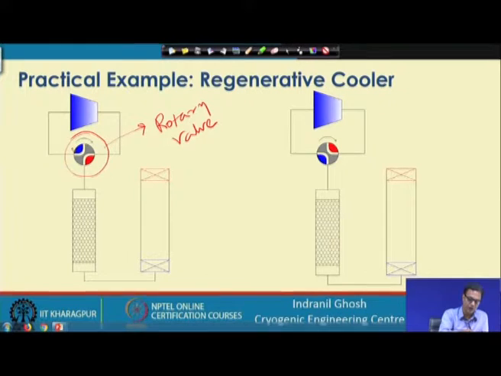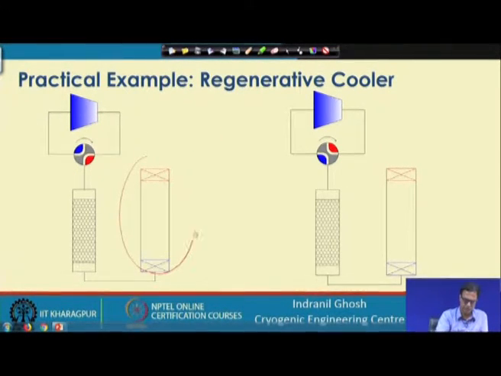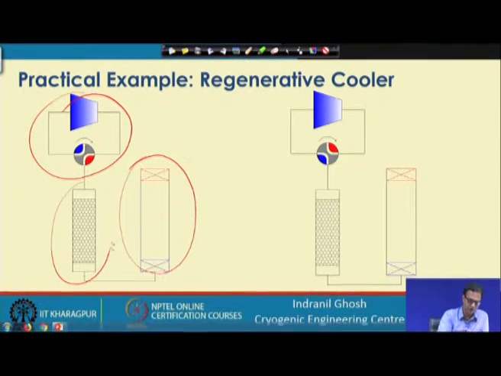In one cycle it connects to the discharge side or the high pressure side of the compressor, and in the alternate cycle it connects to the suction or low pressure side of the compressor. Between the pulse tube, or the empty tube, and this compressor we have one regenerator.